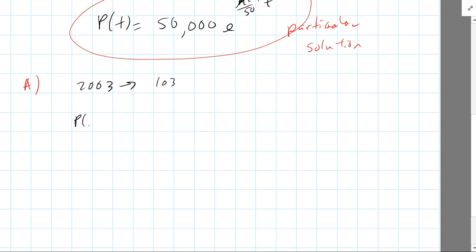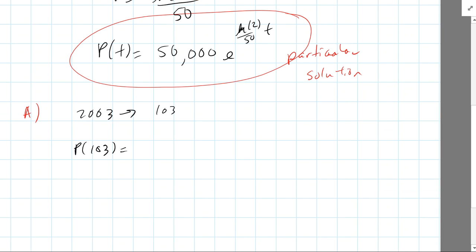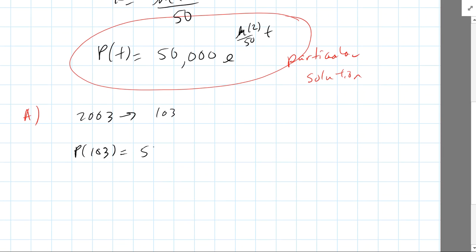So P of 103 is equal to this equation with 103 plugged in: 50,000 e to the natural log of 2 over 50 times 103. And that is about 208,493. I can't remember if I rounded up or down. Doesn't really matter.